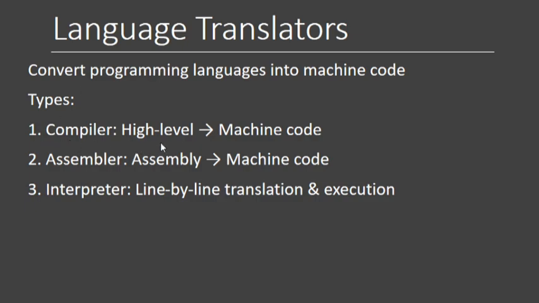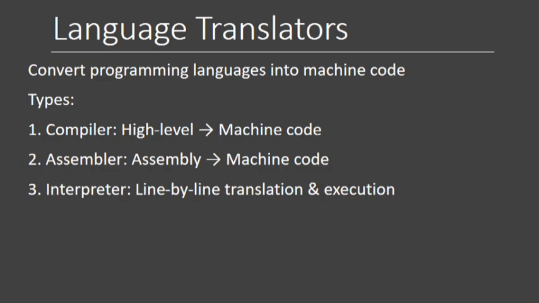Compiler converts high level language into machine code. Assembler converts assembly into machine code. Interpreter does line by line translation and execution. In the case of Python, the program is compiled line by line; each line can be compiled. But in a C program, after writing the complete program, the total program is compiled or converted at a time from high level language into machine level language.